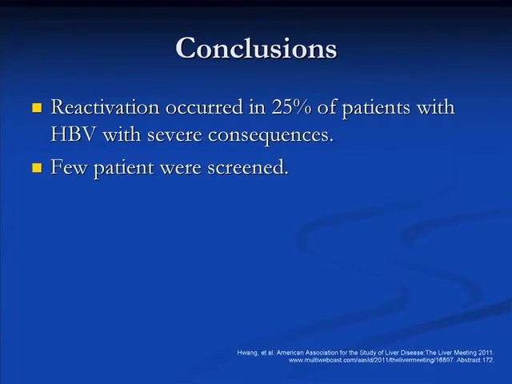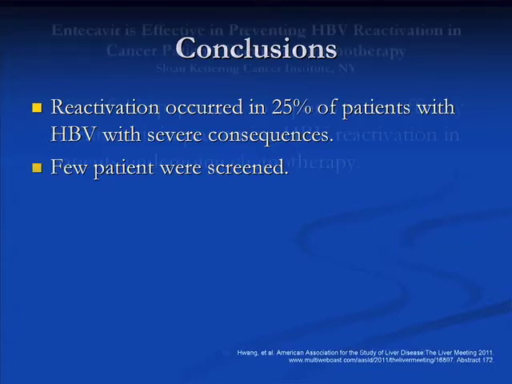So the authors concluded that reactivation occurred in about 25% of patients with hepatitis B, and it really had severe consequences in terms of mortality. And that very few patients were screened, unfortunately. Only 17% of the patients at the MD Anderson Center were screened.